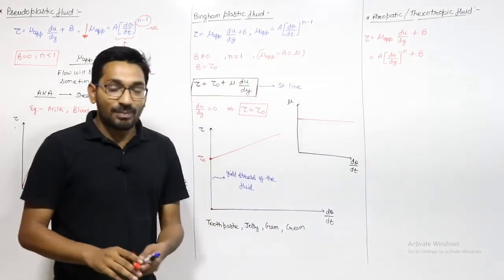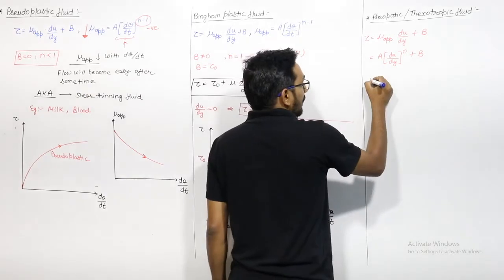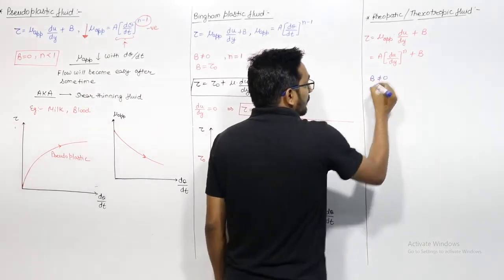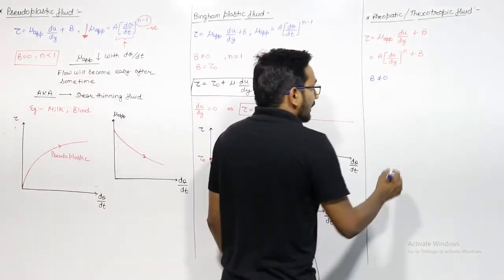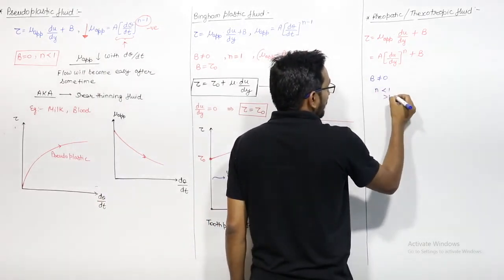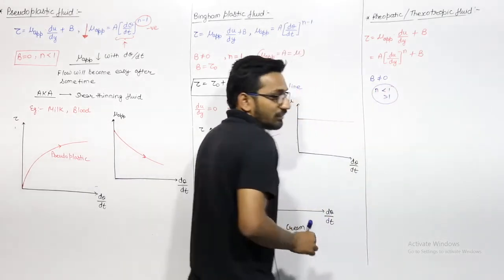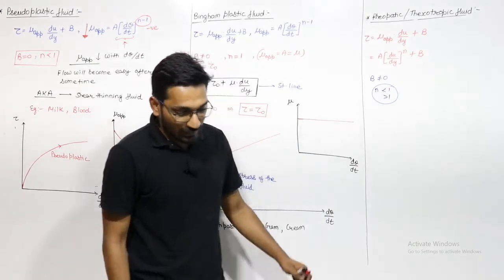In both rheopectic and thixotropic fluids, b is not equal to 0, and the value of n can be less than 1 or greater than 1.